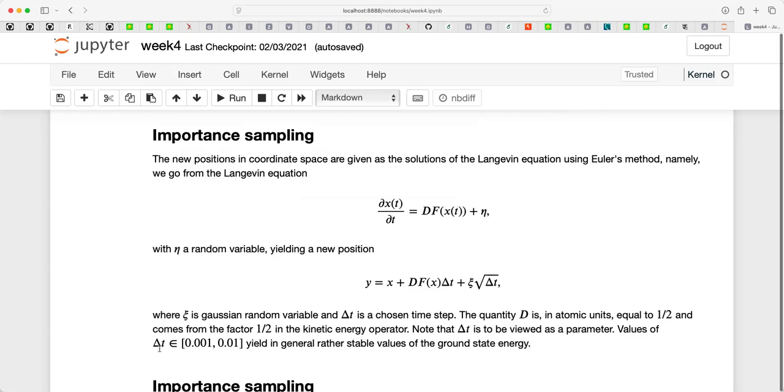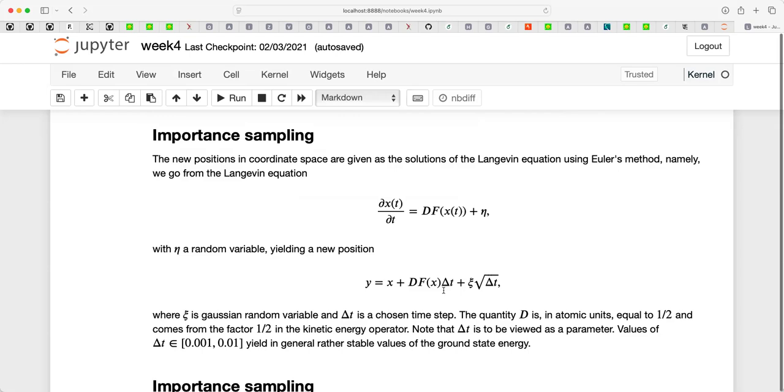Typically the values would be something like a delta t from 10 to the minus 3 to 10 to the minus 1 or 10 to the minus 2. Many people would calculate the energy in a range of these values and then extrapolate to delta t equals 0, because in principle, delta t should go to 0.